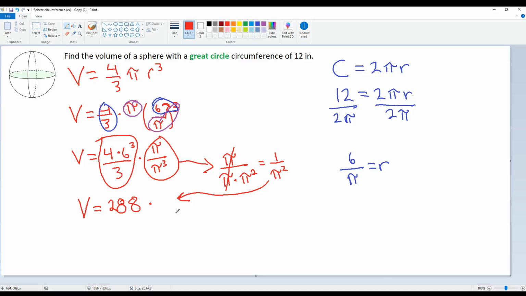So that's a simplified version of pi over pi cubed. If you're really good with dealing with exponents, then you can simplify that directly. But I know, especially in geometry classes, you don't have a lot of practice with exponents for a while. And so I see a lot of students really struggle with things like that. So it's a good idea to break it down and show your work separately if you aren't really strong at that.